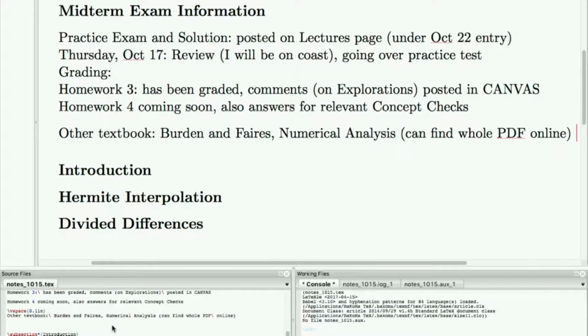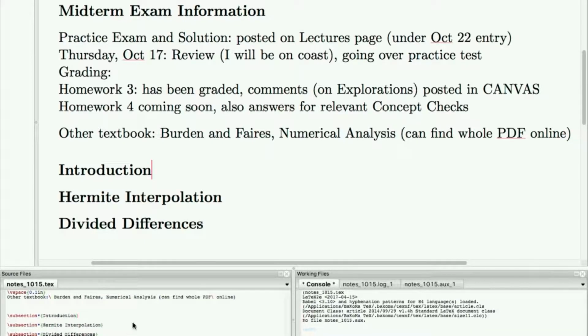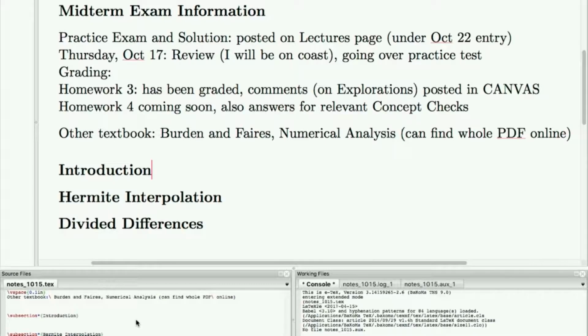Although it does relate to things that are on the test: polynomial interpolation, divided differences. And then if there's any time left over, we can look at homework questions.